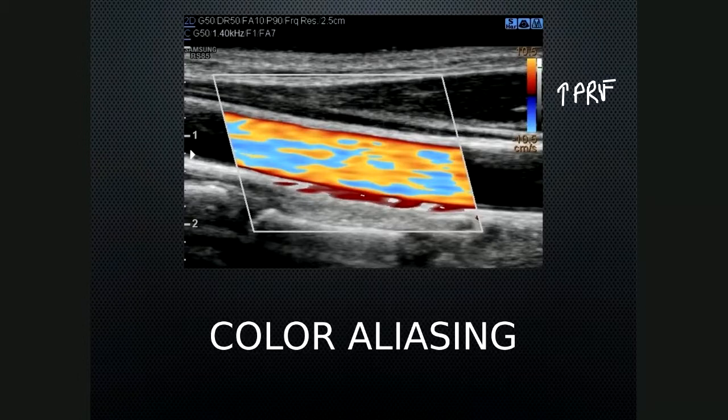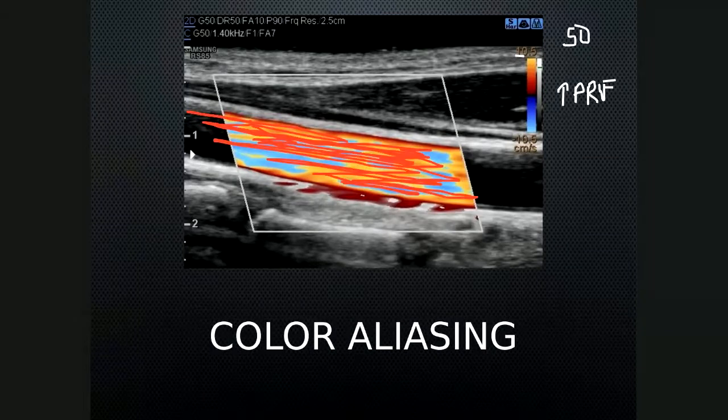So if this scale is set at 10 and we increase the velocity scale, say to 50, now most of this vessel should fill in one color, and it should fill in mostly red. So by bumping up the scale, it's going to now fill in red with just maybe a little bit of aliasing, because there's probably only a few red blood cells that are traveling faster than the 50.